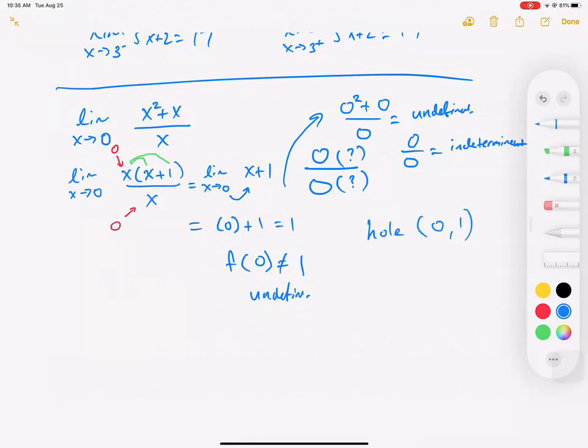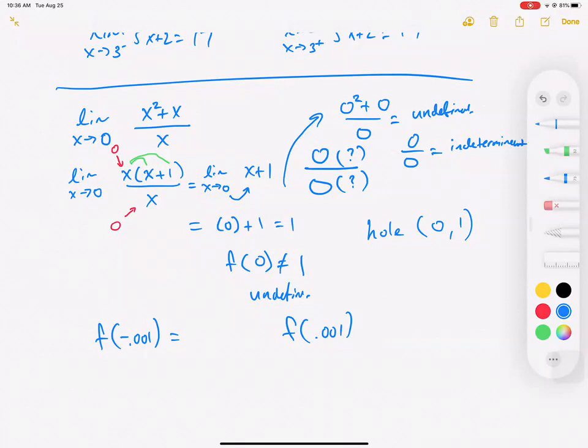Now, if you wanted to verify this, you could have plugged in f at negative 0.001 and f at 0.001. Negative 0.001 is really close to 0. F at 0.001, that's really close to 0.